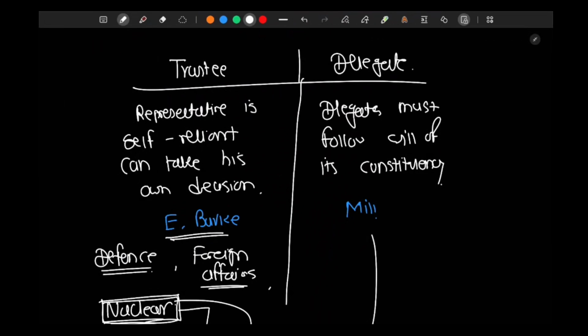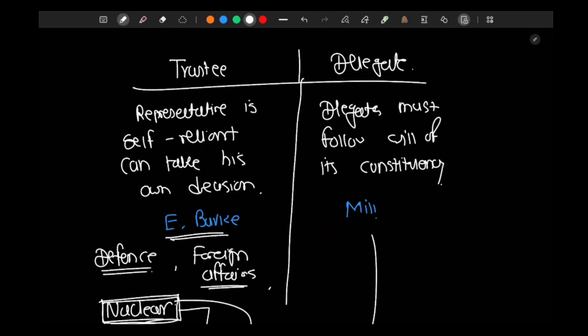Because if an MP is not a representative of the people, then what is the point of an MP? So the MP should follow the will of its constituents and its people. That is the idea behind models of representation, which are two: trustee and delegate.